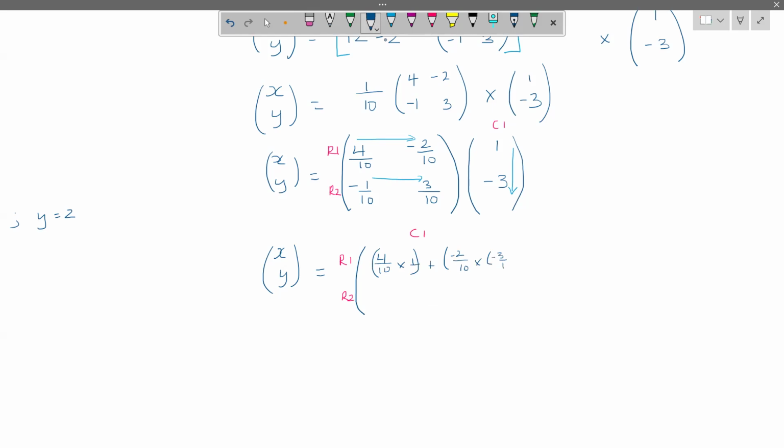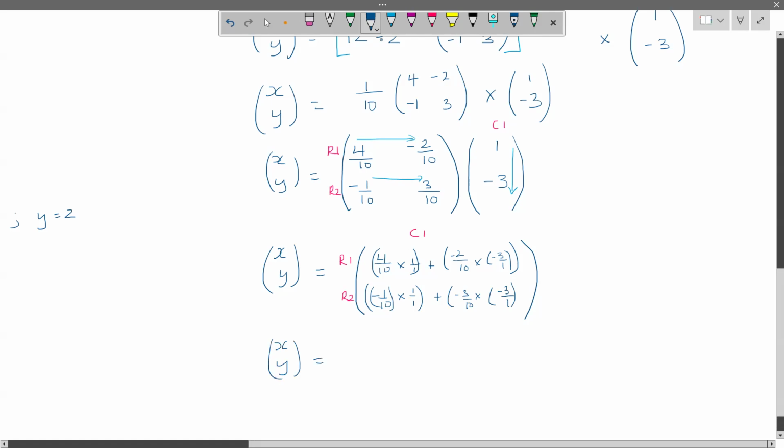You should put these over 1 too, so you know that fractions are multiplied. Then underneath here, we get a negative 1 over 10, put in a little bracket, multiplied by 1 over 1, plus 3 over 10 multiplied by negative 3 over 1.